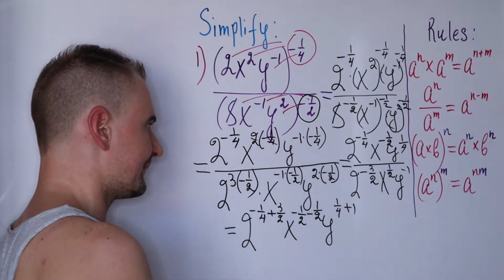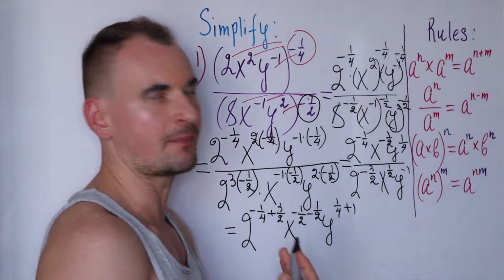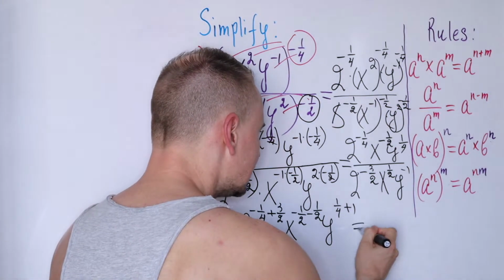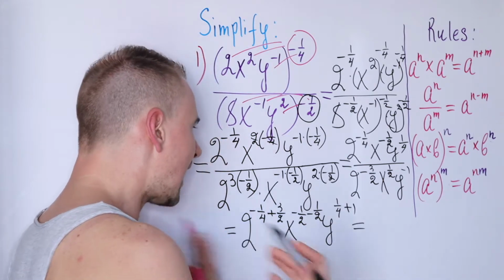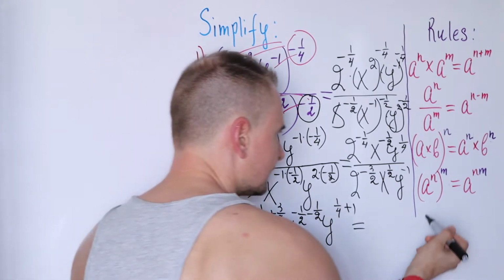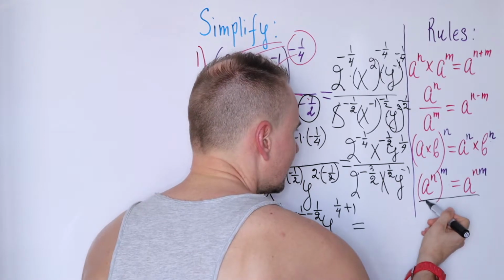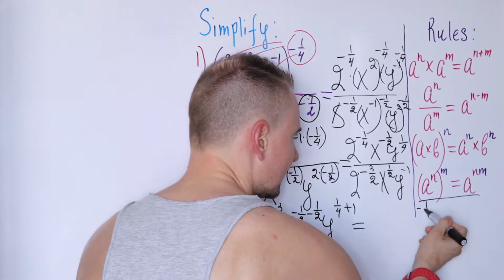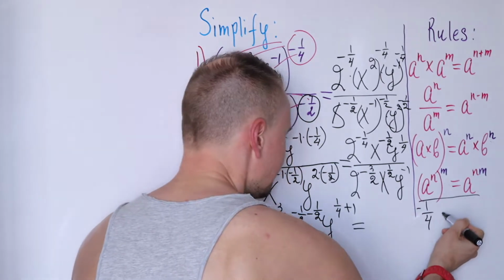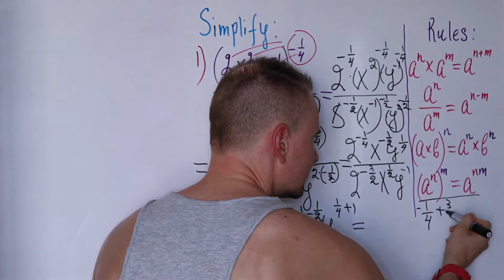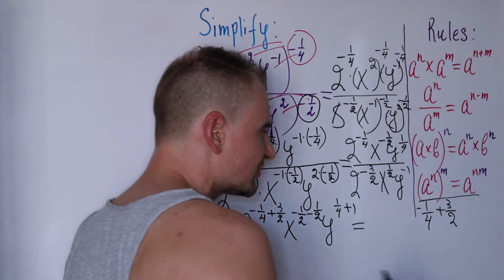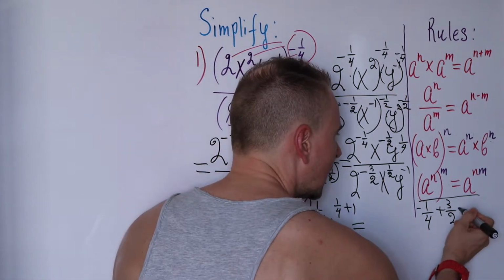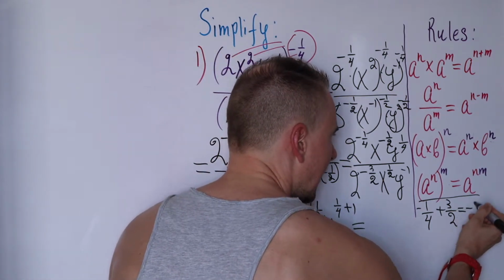And all you do is clean up at this stage. So these fractions come up, and you could do it off to the side. So you have negative 1/4 plus 3/2, so you get the common denominator, which is 4.